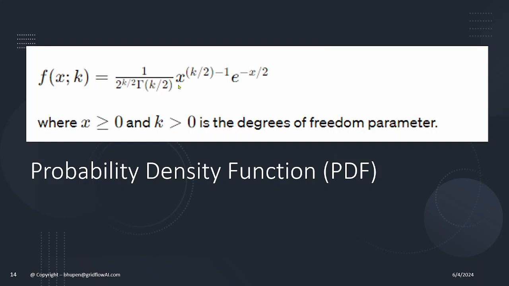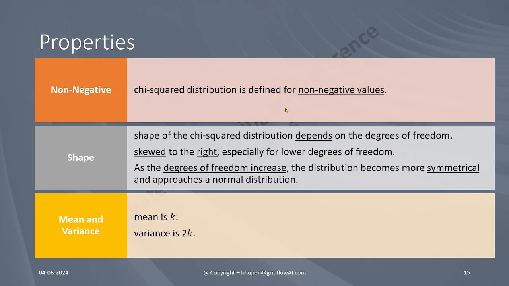What changes is the value of chi-square, which is x here; we simulate different values of x and get a distribution. This is the same idea we use in the Gaussian distribution, although the formula is different.